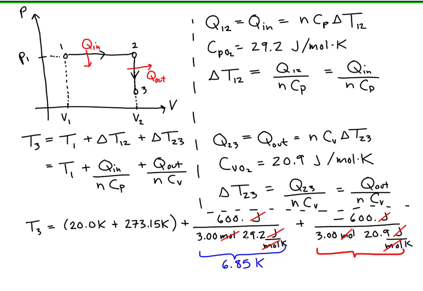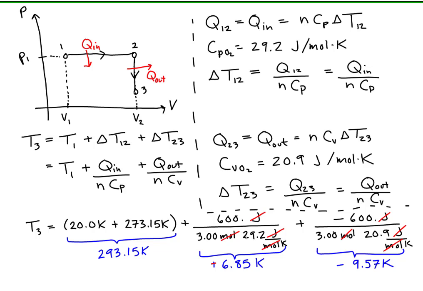The last term is equivalent to minus 9.57 Kelvin. Even though I've written the rounded values of 6.85 Kelvin and minus 9.57 kelvins, I am actually only using these values as placeholders to see what their precision is based on the rules of significant figures.